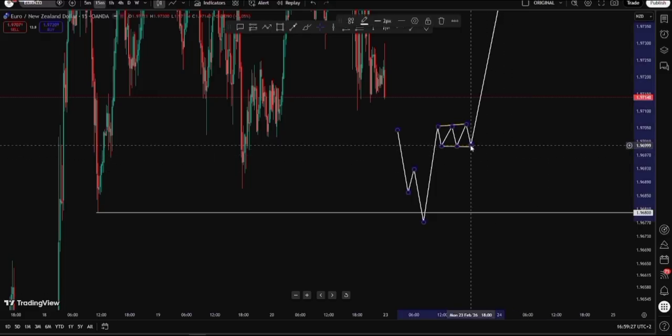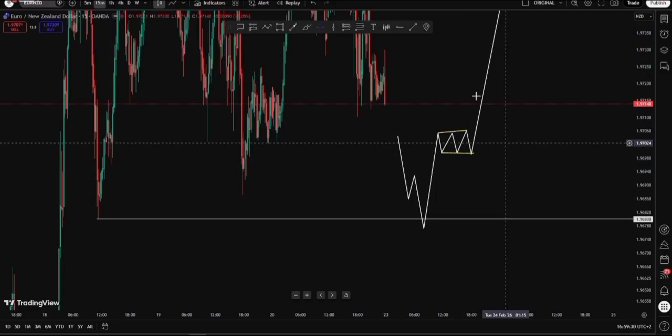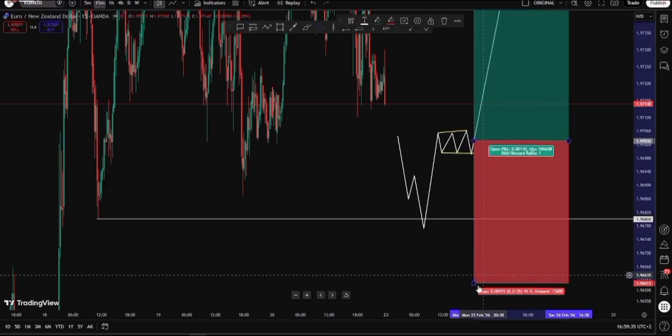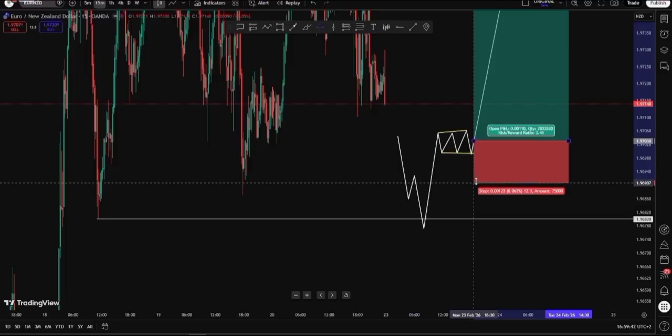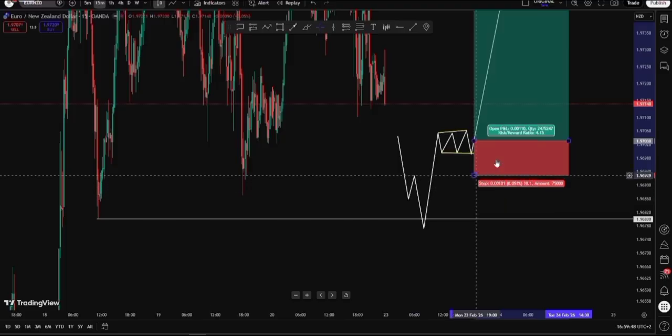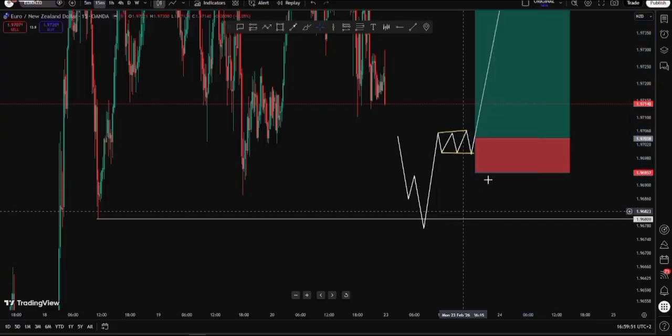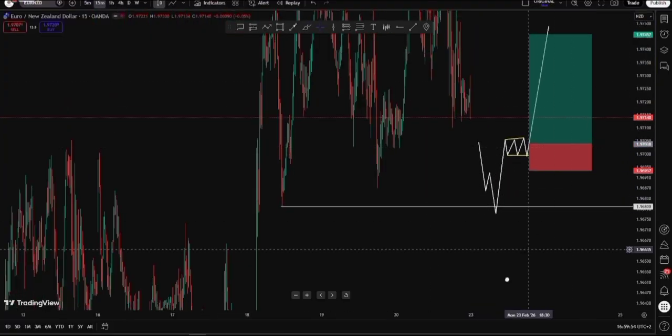So that's our possible entry to the upside. The risk to reward ratio: we're looking to take it with a minimum stop loss of 10 pips, not trying to go below that. That'll be a risk entry from there.